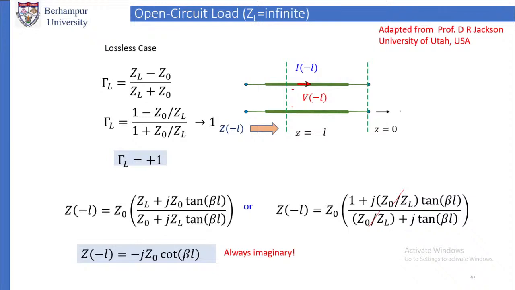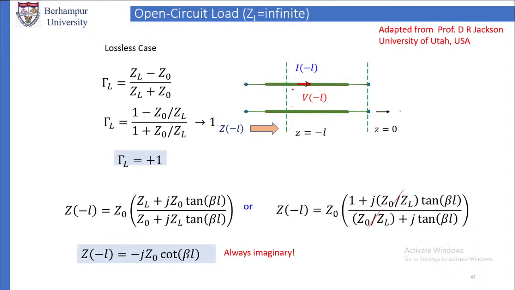Because if I put ZL is infinity in the numerator and denominator, then gamma L will be infinity by infinity, an indeterminate term. We do not want an indeterminate term, so we have to find out what the determinate value will be. So divide the numerator and denominator by ZL.